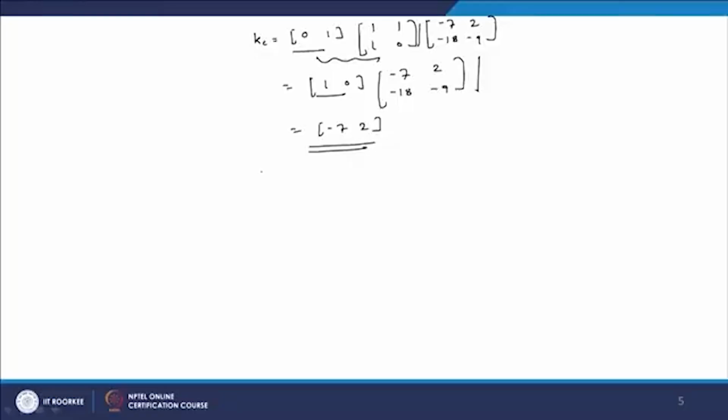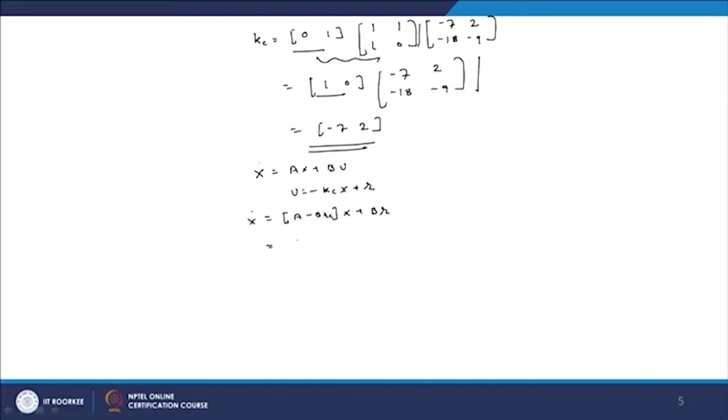So, here x dot equals Ax plus Bu, and as u equals minus KC x plus r, we can get A minus BK into x plus B into r.